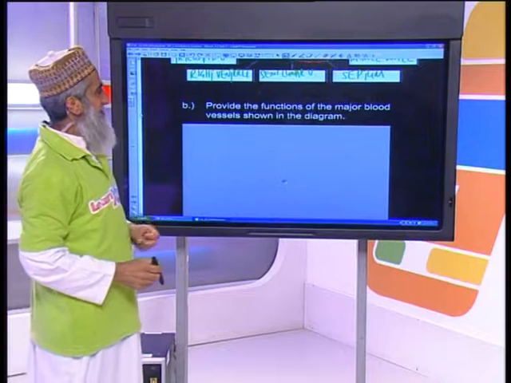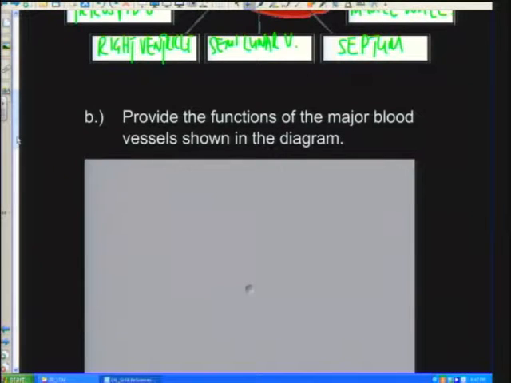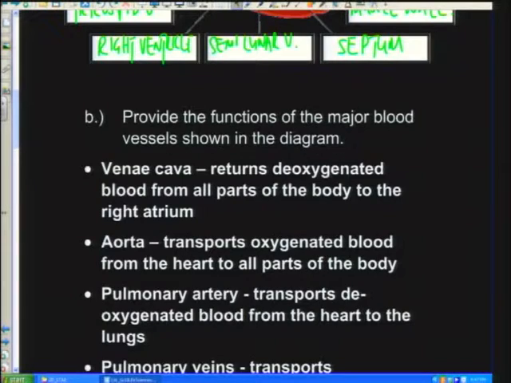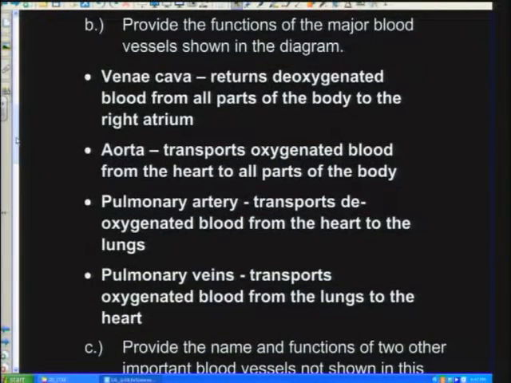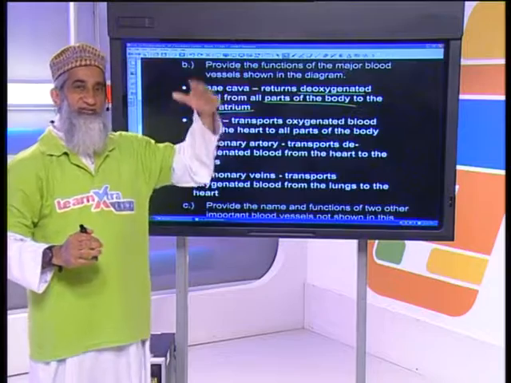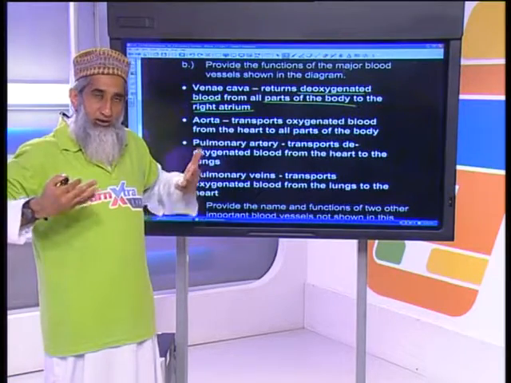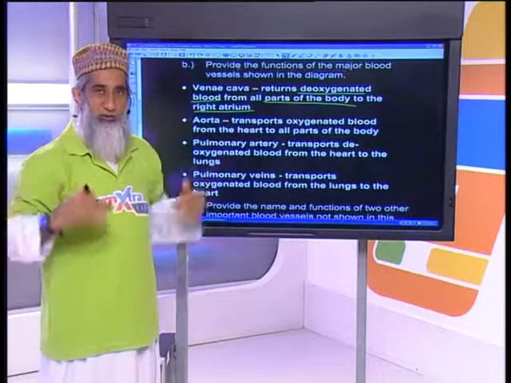Provide the functions of the major blood vessels shown in this diagram. We need to talk about the functions. And we'll start with the vena cava. Their job is to return deoxygenated blood from all parts of the body to the right atrium. So the superior vena cava deals with the upper limbs, the hands, and the upper body.